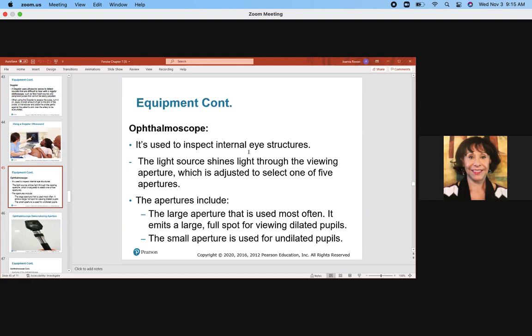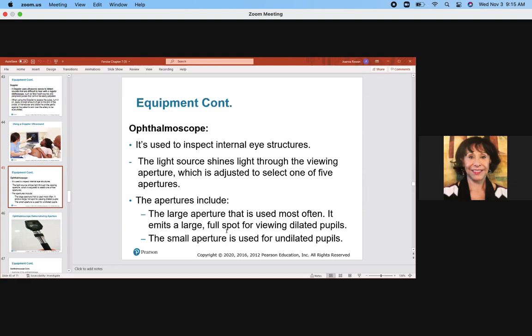It is used to inspect internal eye structures, and the light source shines light through the viewing aperture, which is adjusted to select the 5 apertures. The aperture includes the large. At any rate, we are not going to go over this because when we study the eye, we will go over that.